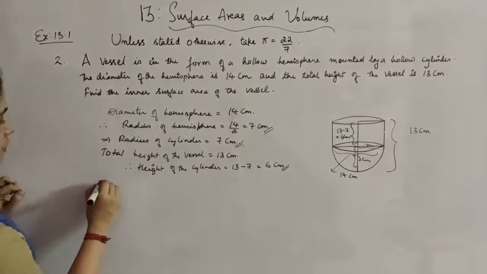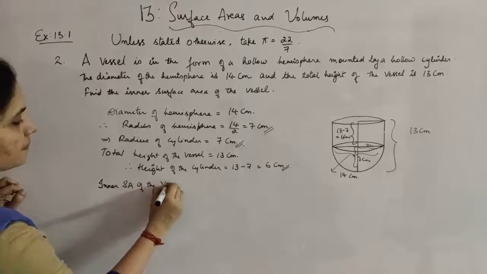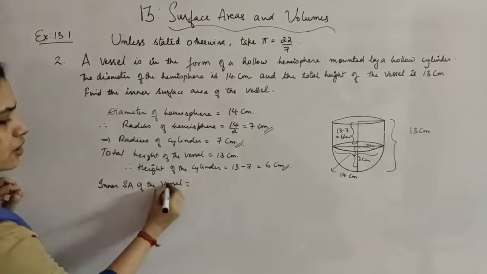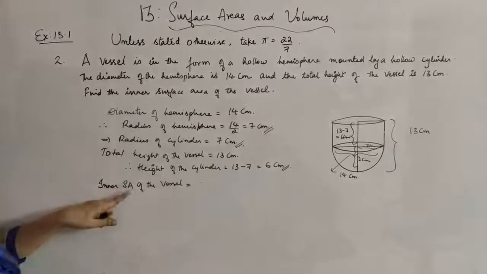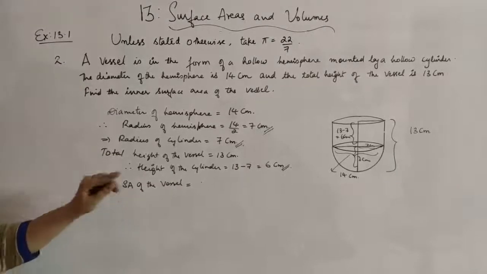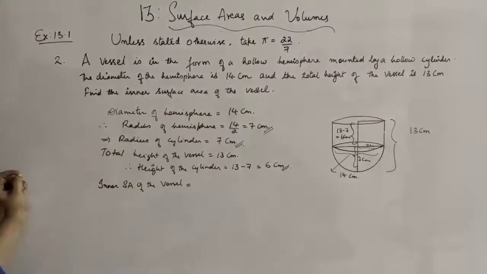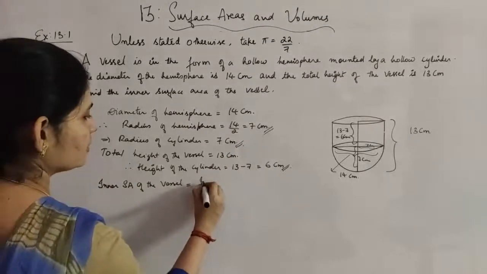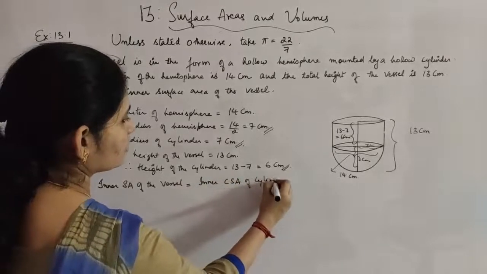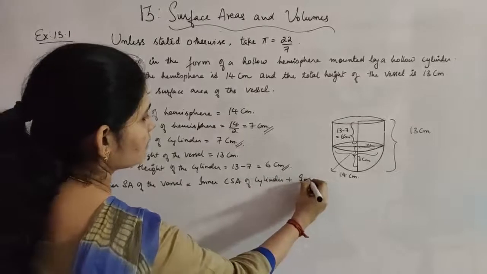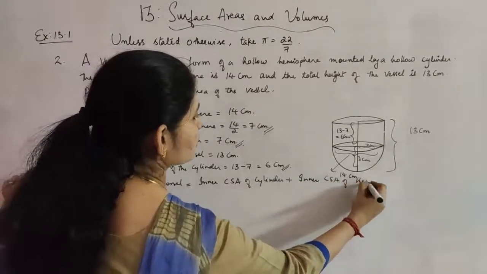Now the inner surface area of the vessel, SA is the short form of surface area of the vessel, is equal to inner surface area. When they say that, we will just talk about inner. Okay, what is that? Inner curved surface area of the cylinder plus inner curved surface area of the hemisphere.